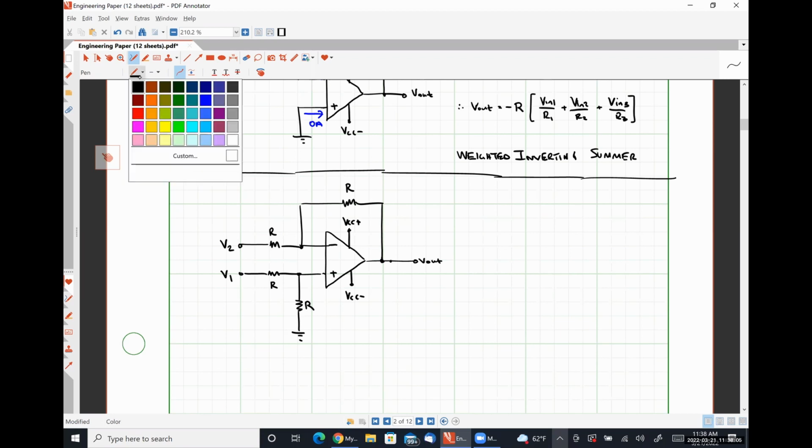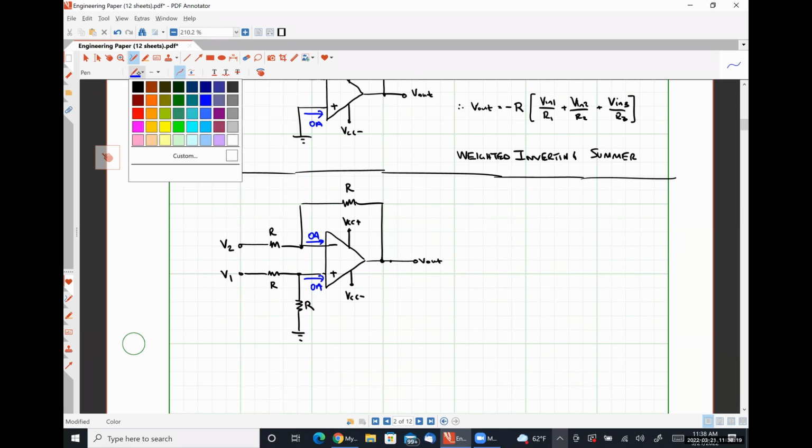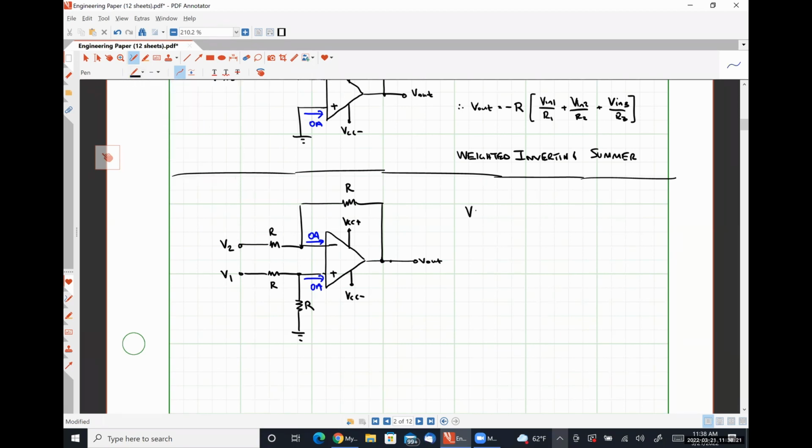So we know that this current is 0 amps and this current is 0 amps because our ideal op amp rules tell us so. So the voltage present at the non-inverting input terminal, we cannot directly say it has a particular value because we have this resistor network applied, right?